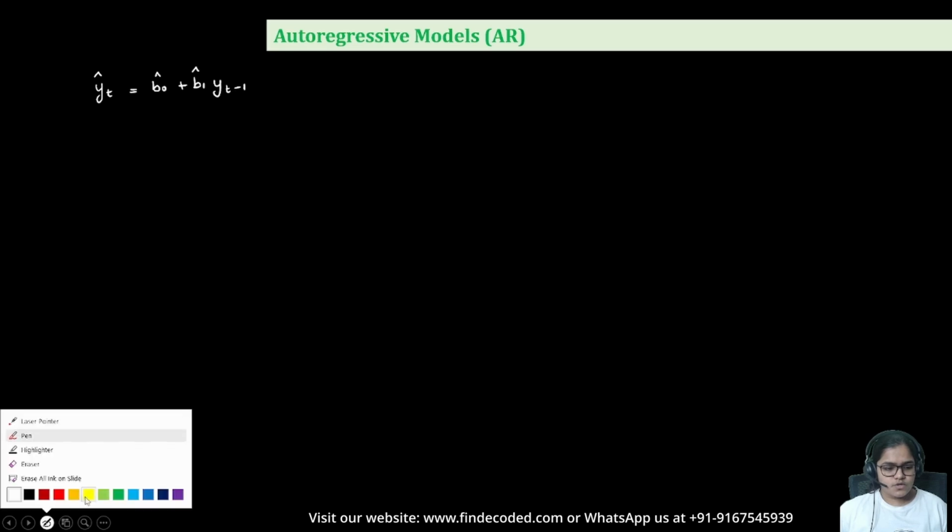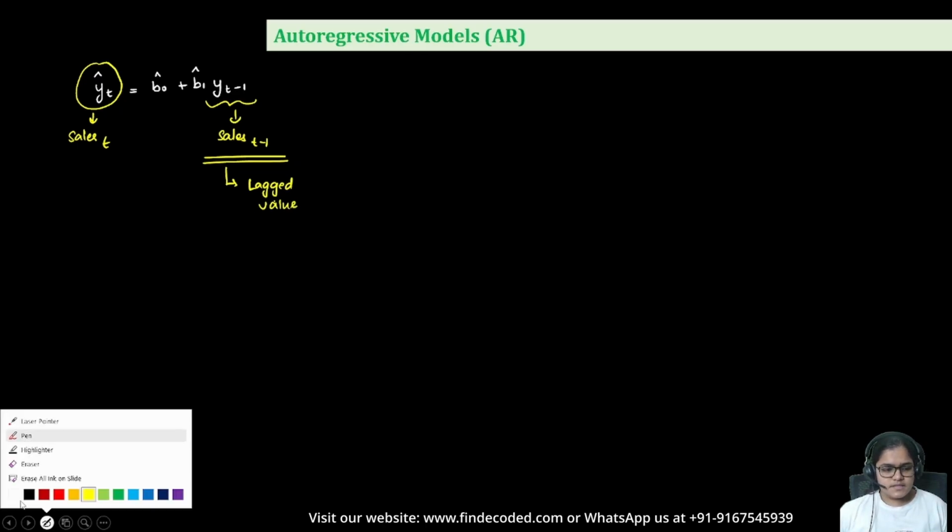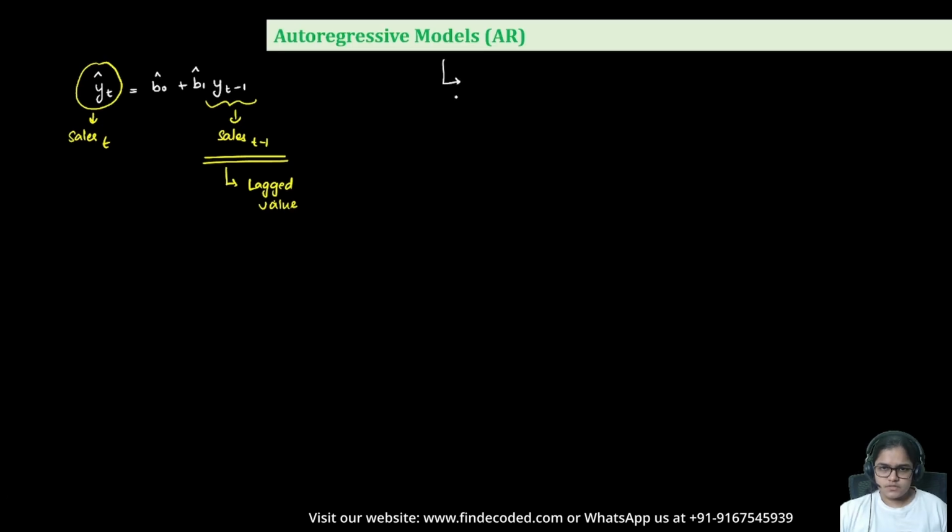If you're understanding what we are saying over here, we are saying that sales of this period is dependent on sales of the previous period. This is a lagged value. So I can say that in case of autoregressive models, the independent variable, you can think of the independent variable as the x term, right?